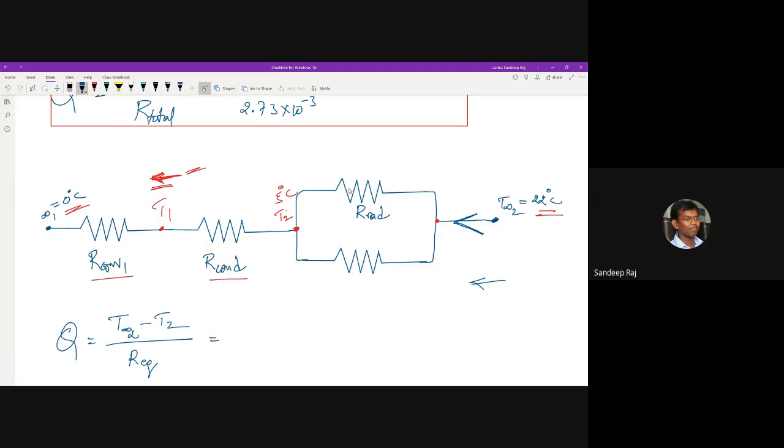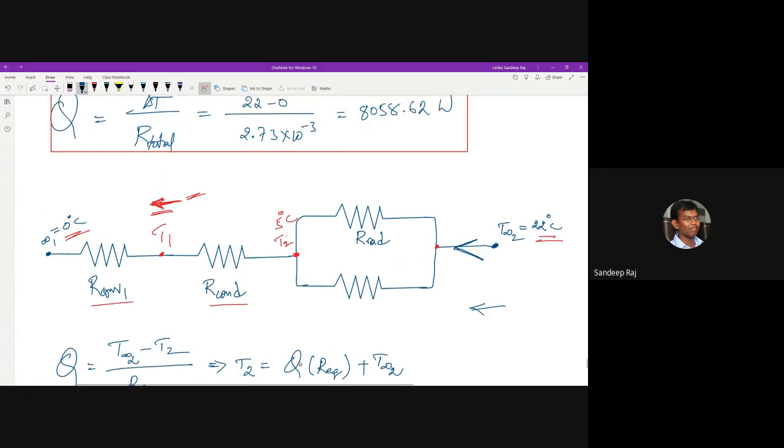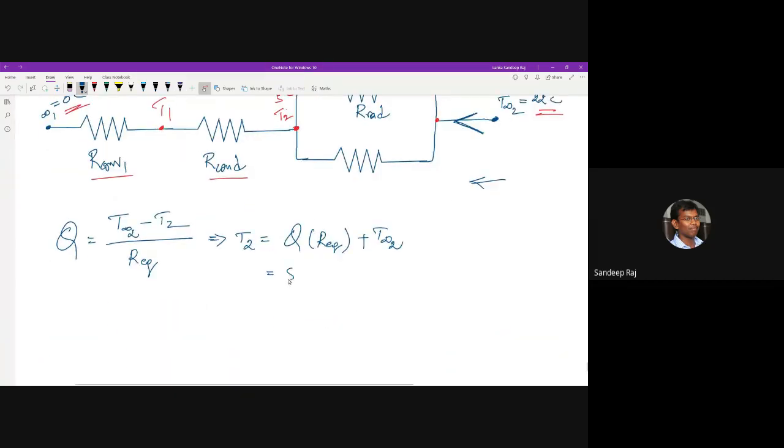If this is the case now, see the R equivalent is influenced by your T2. So the T2 value you can get from this. So the T2 is equal to Q into R equivalent plus T2. So that will be the Q value is 8058.62.